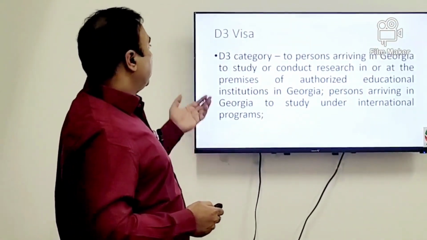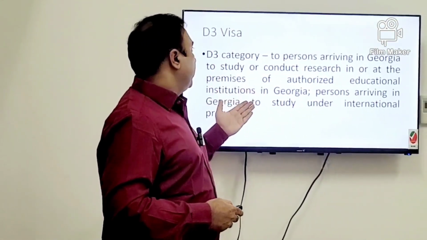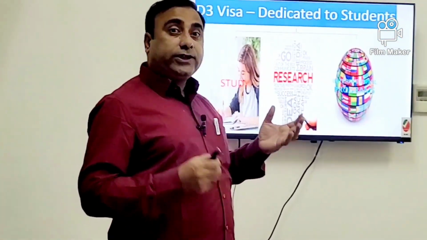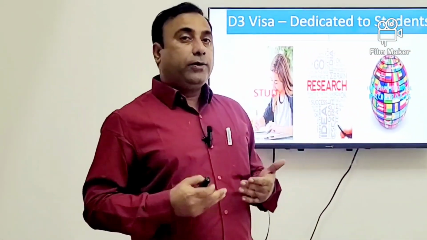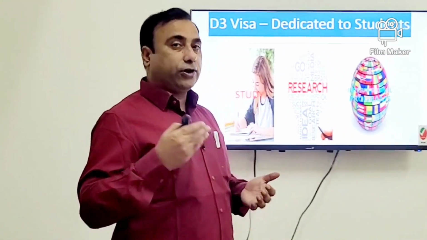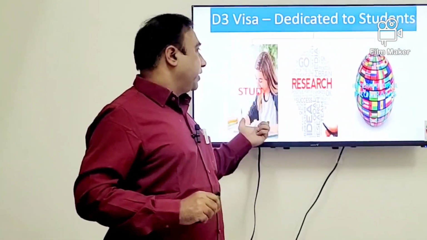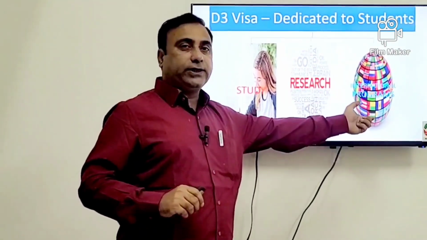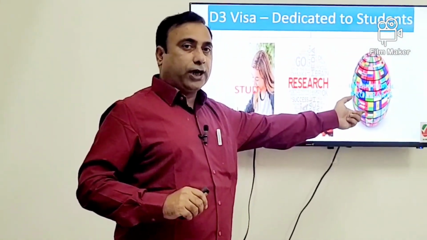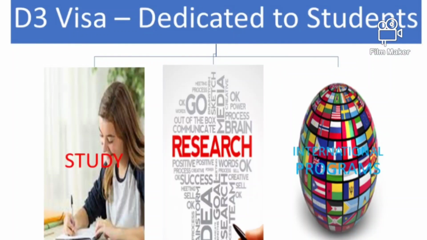Then the most important, the third category, the D3 visa. The D3 visa we are going to use for the students. That's why this is important for all the guardians and all the students. This is typically designed for study, research and international programs. International programs are also a kind of study, but for a particular project or subject.